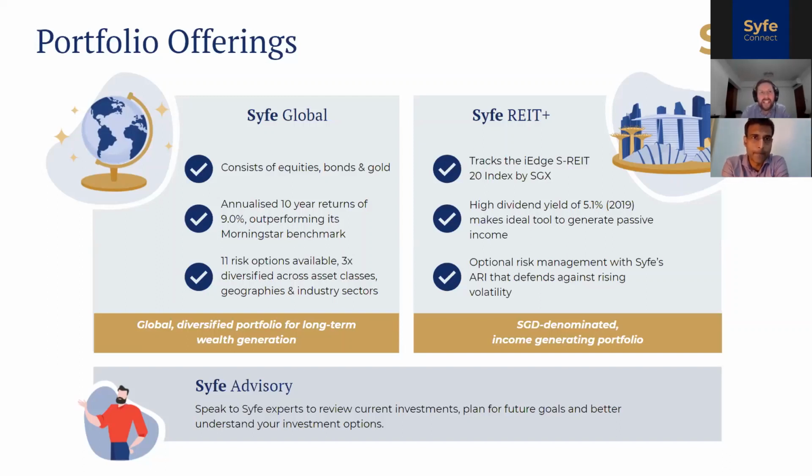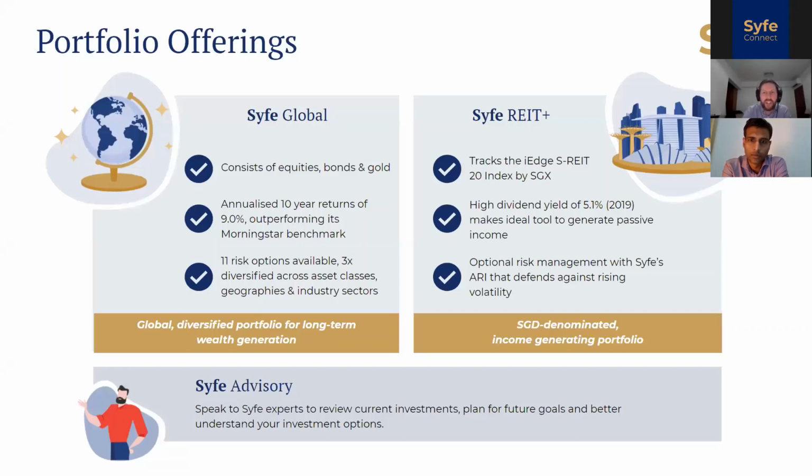Now, the second portfolio option is what we call SIFE REIT Plus. This is a different proposition, in that the focus really is on income generation. As the name implies, it's a portfolio constituted exclusively of REITs.